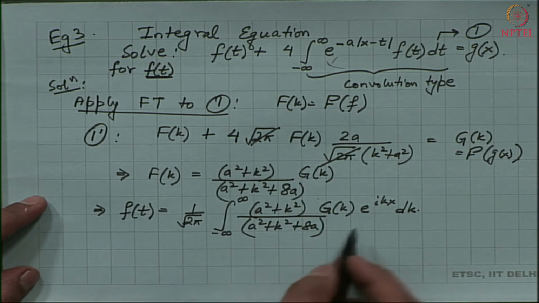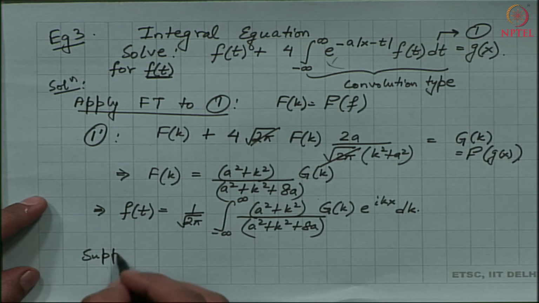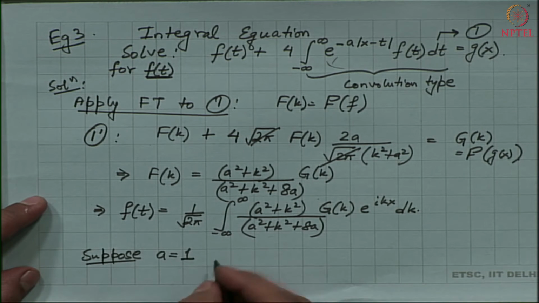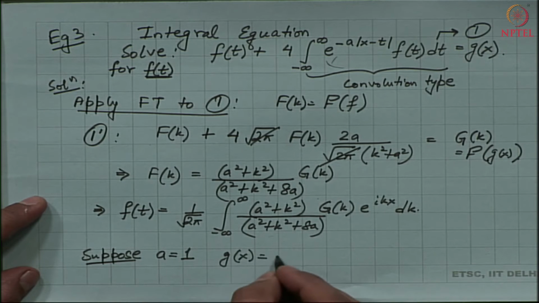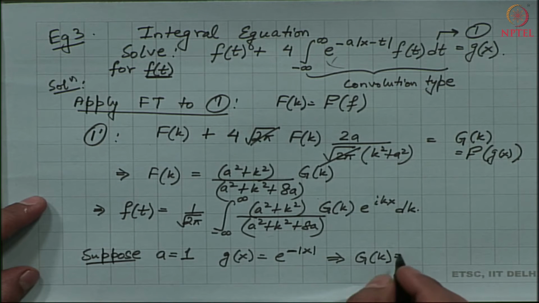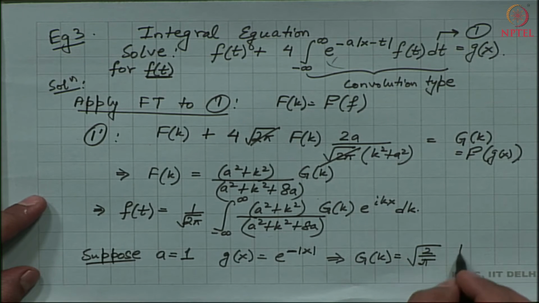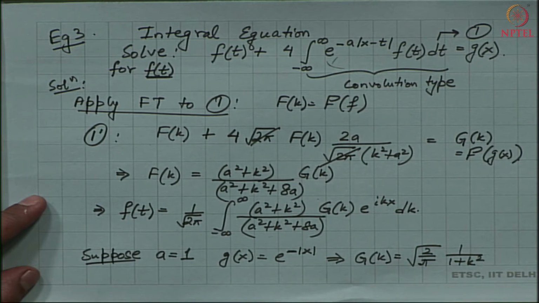Okay. So, let us now look at some specific cases. Suppose I choose a equal to 1 and suppose g of x is e to the power minus mod x. In that case g of k, the Fourier transform of g of x, is the following expression, square root 2 by pi times 1 by 1 plus k square. This is a special case.